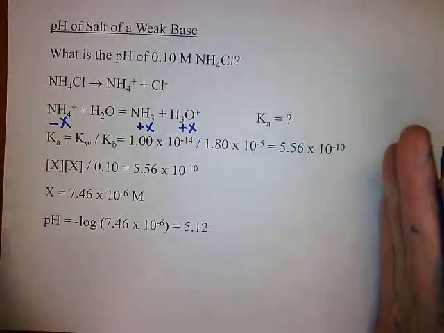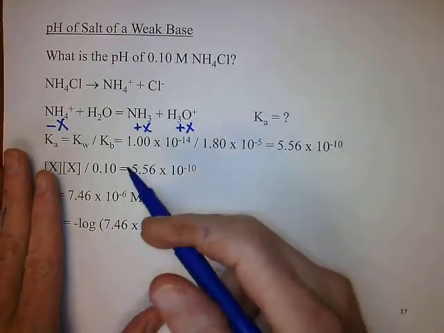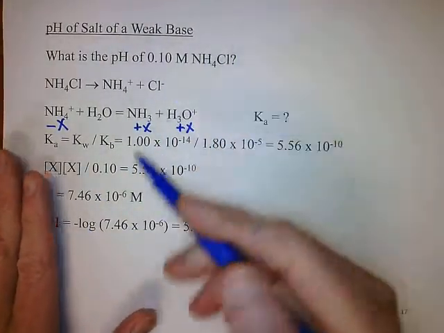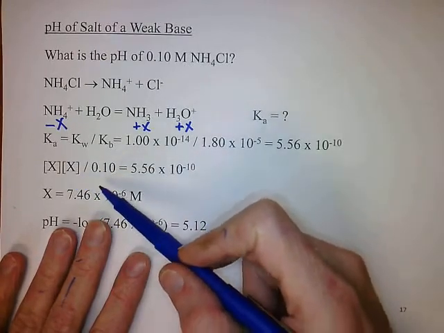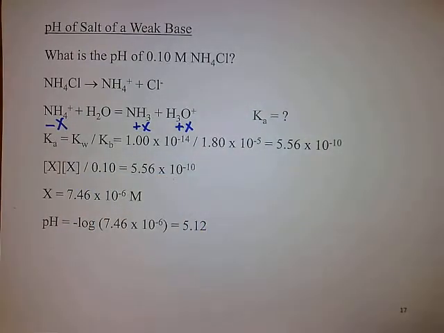In other words, neglect the effect of the dissociation. So the equation that we have to solve will come down to X squared over the concentration, which is 0.1, is equal to K.